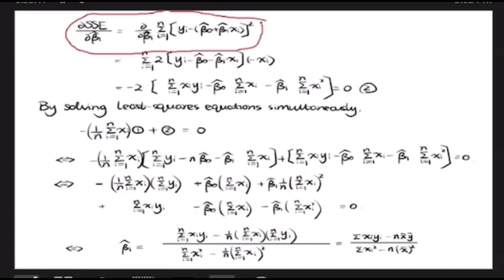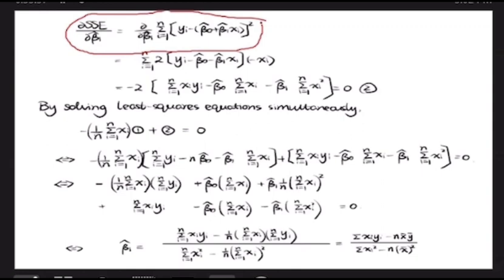So summation yi, summation of this, it's going to be a constant at the end, minus summation of beta 1 cap times xi equals 0.